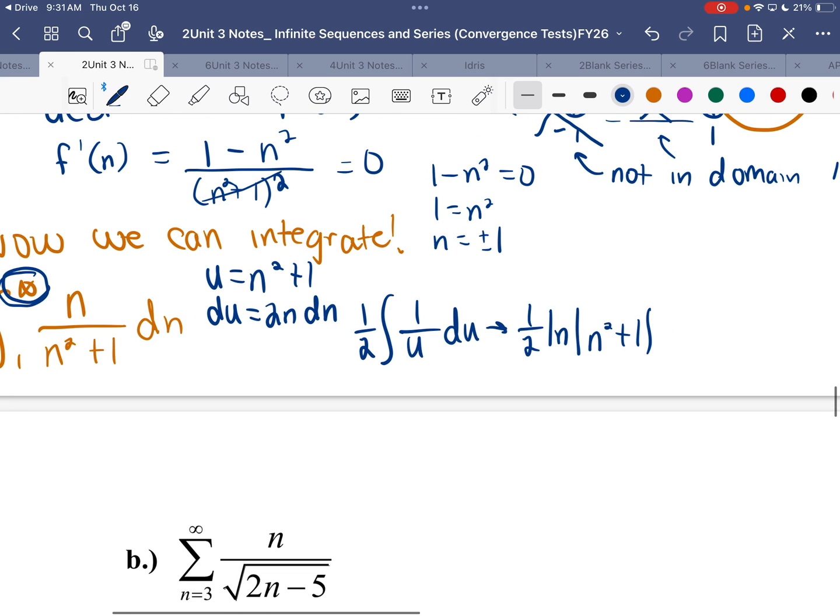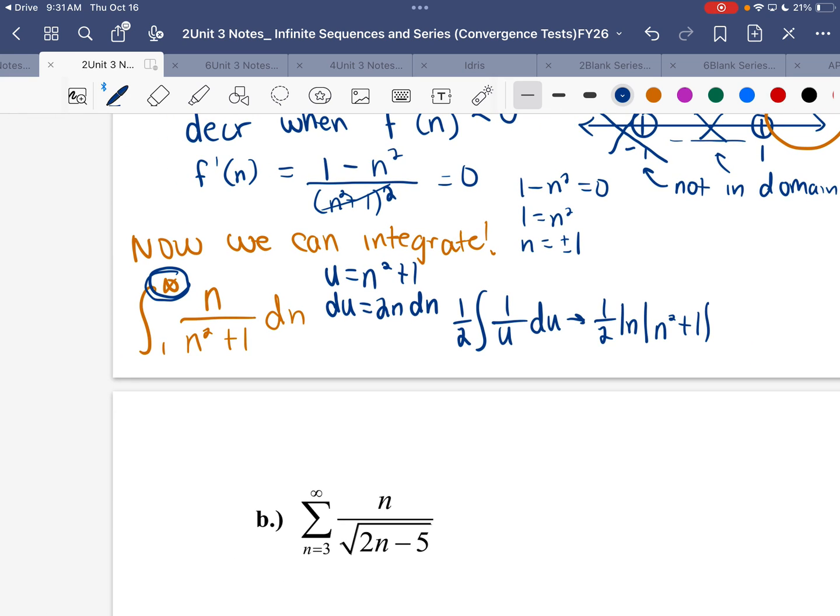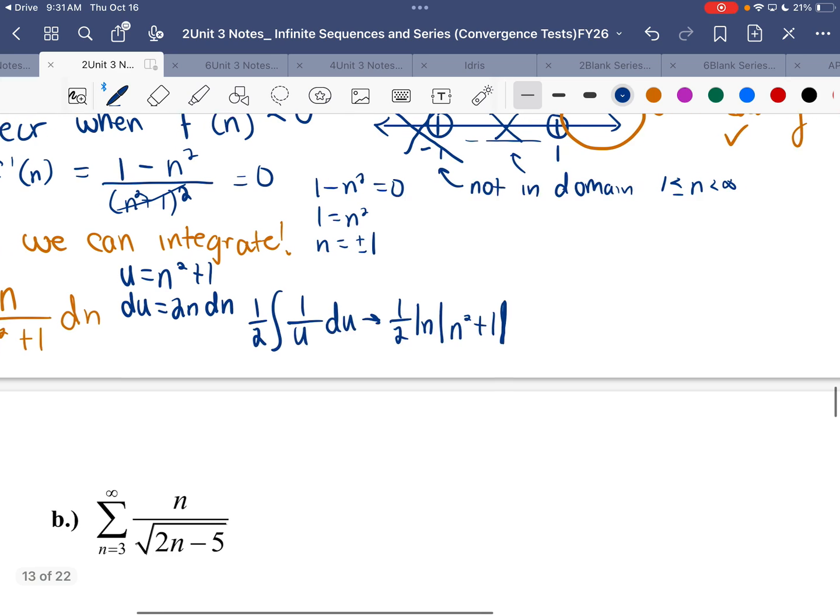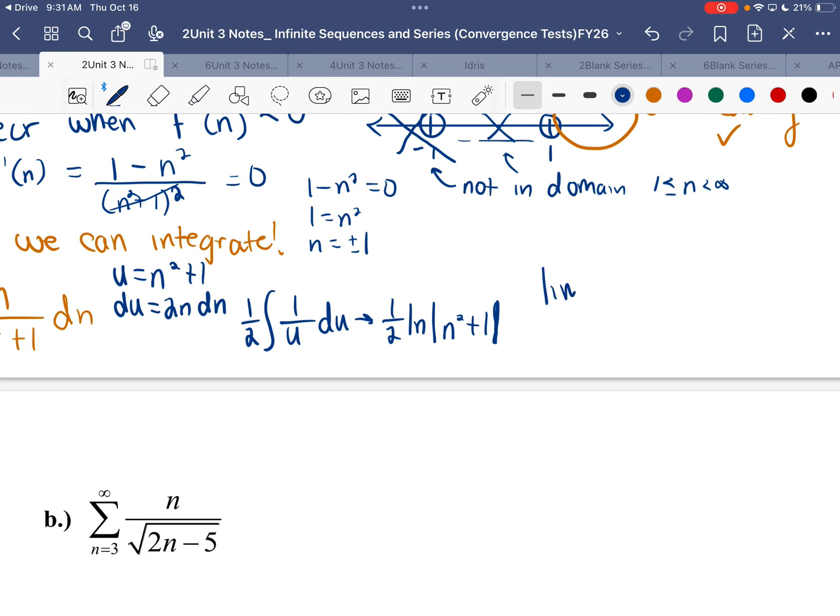What should our limit have been for this improper integral? Right, so the limit as b goes to infinity, half ln n squared plus 1, and we're going from 1 to b.